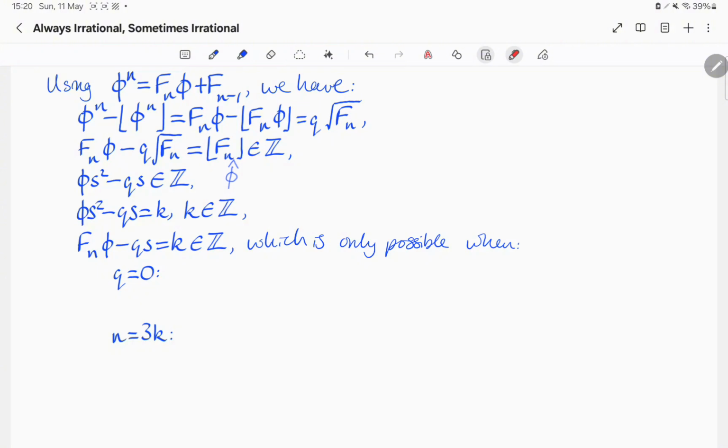Substituting F_n back for s squared, we have F_n phi minus qs equals k, which is an integer. And this is only possible when q is equal to 0 or n is equal to 3k. We'll look at q equals 0 first. This is impossible, however, since phi^n minus floor phi^n is never equal to 0.